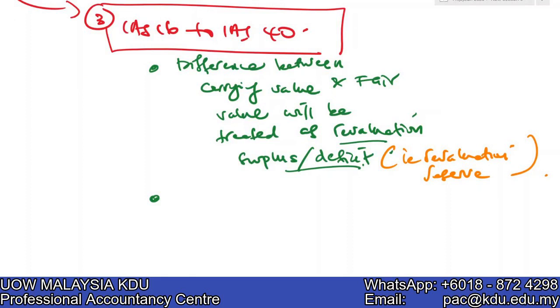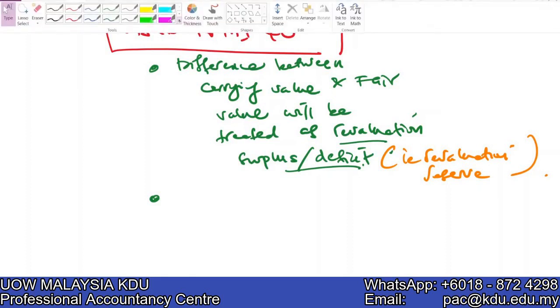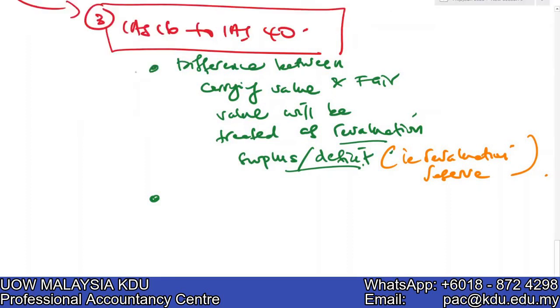So all this accounting treatment, I have to remember. First change goes to revaluation reserve. Subsequent years, change in fair value, recognized where?